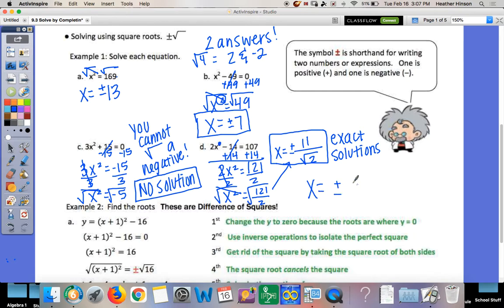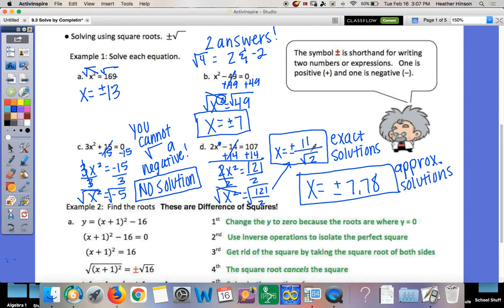So your plus or minus 7.78. This is the approximate solution. Because we have to round it, it's no longer an exact answer. So your exact answer, if it asks for that, you're going to leave the square root if you can't simplify it. If it asks for the approximate solution, that's when you give the decimal.